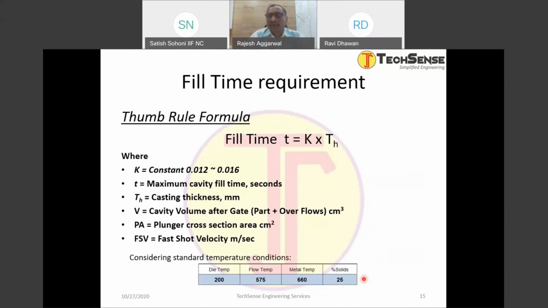For the normal ADC12, it is normally 0.016. For some special structural alloys, AlSi9MnMg or silicon-type structural alloys, we normally consider 0.012. Here T is the maximum cavity fill time, TH is the casting thickness, and the other variables we'll understand in the upcoming slides.